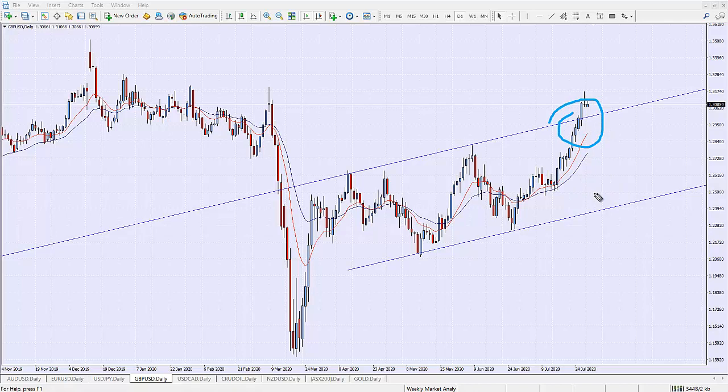So essentially, by waiting for price action to confirm a reversal for us, it basically meant that we didn't take a trade. If you had purely traded off the level, just as it got close to the top line of that channel, you decided to take a trade down, then you would have got stopped out on that particular trade. All right, so the channel is no longer valid, so let's delete it.